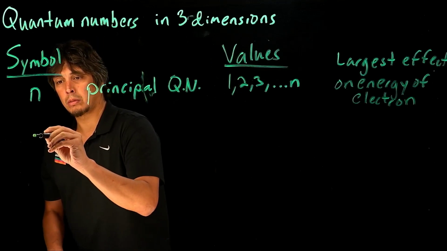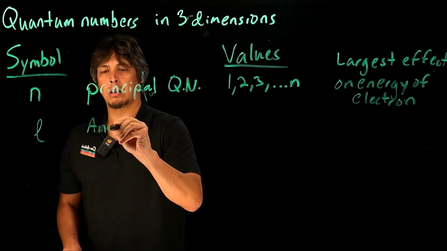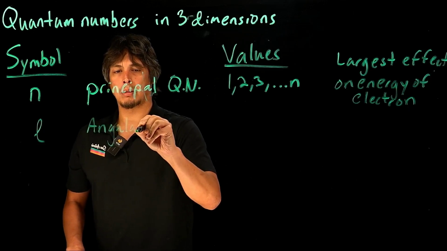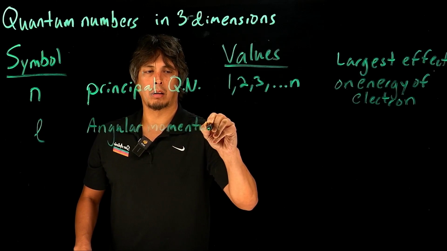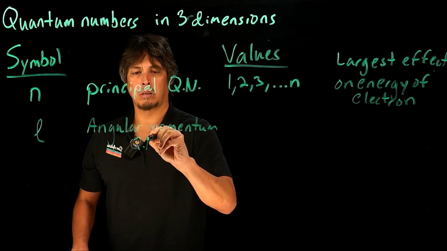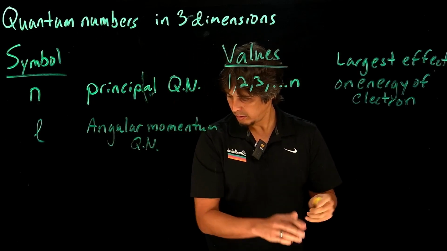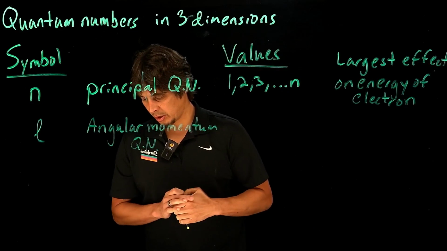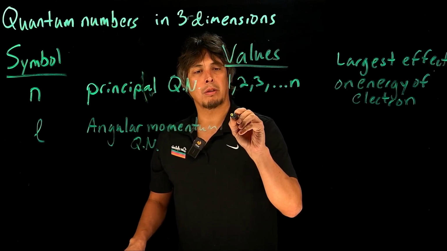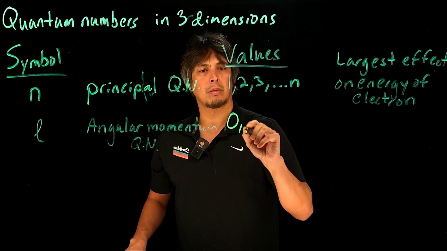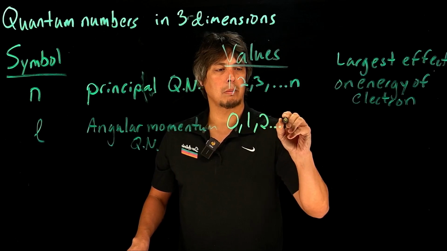The next one is lowercase l. This is the angular momentum quantum number. These values will range anywhere from 0 to n minus 1.